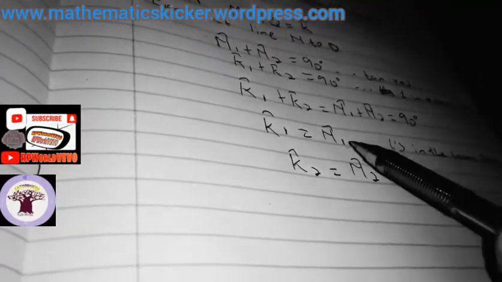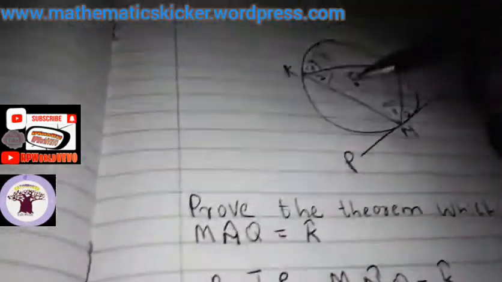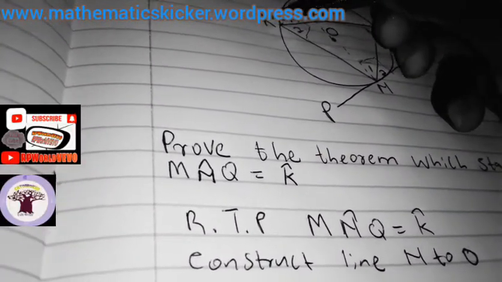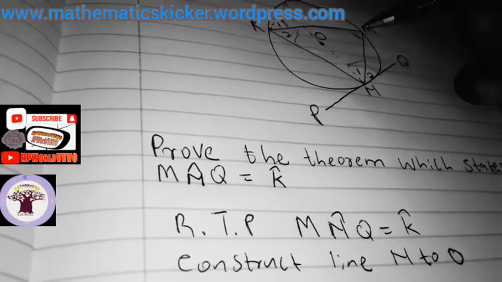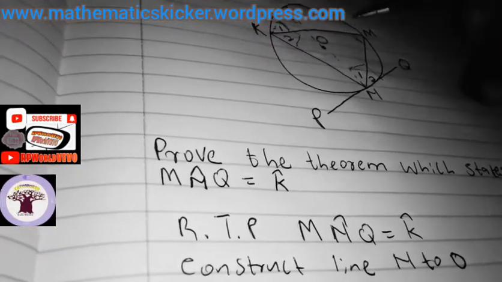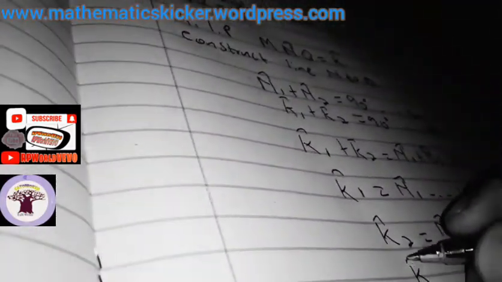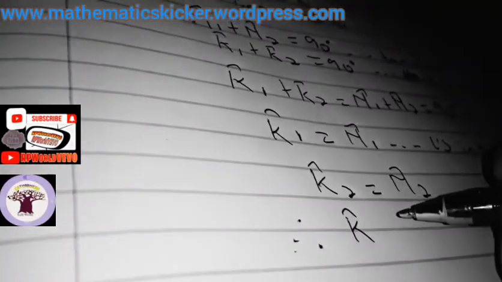And we know that angle K2 is the same as K in this triangle KMN, which means K2 is the same as K. Therefore K2, which is K, is equal to N2.